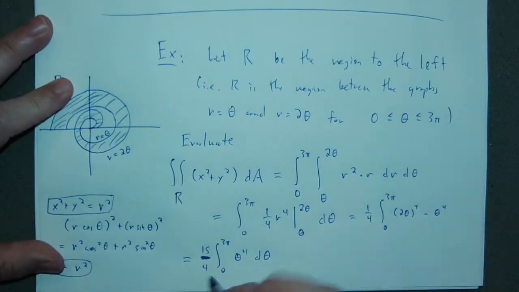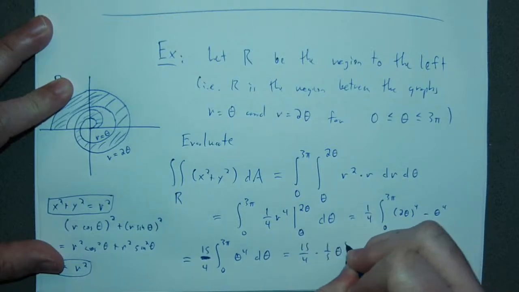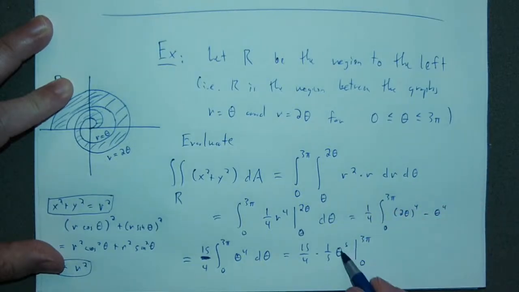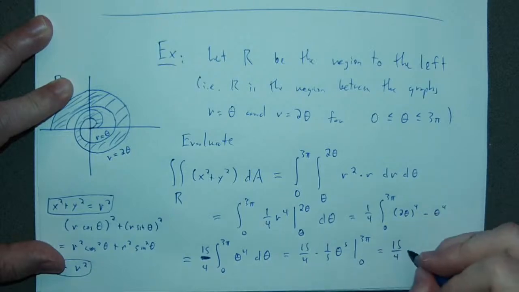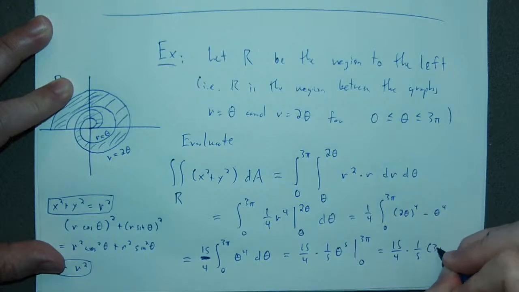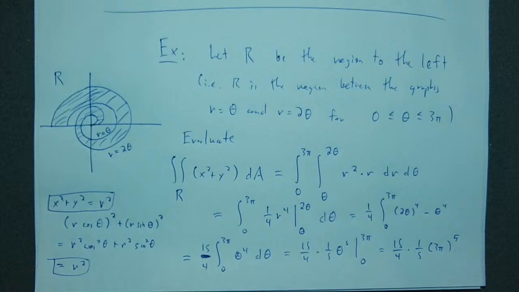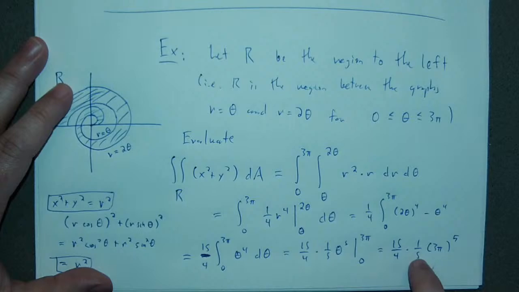And so doing the second integral now, this is 15/4 times 1/5 theta to the 5th, evaluated from 0 to 3 pi. Evaluating at 0 yields 0, and so I'm left with 15/4 times 1/5 times 3 pi to the 5th. So let's think about this for a second. 15 divided by 5 is 3.